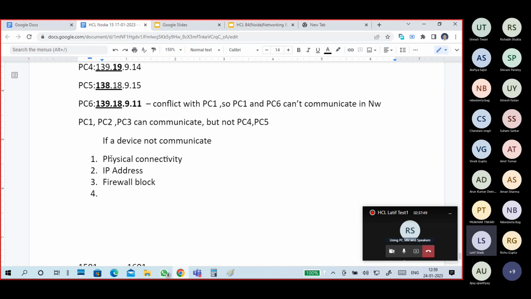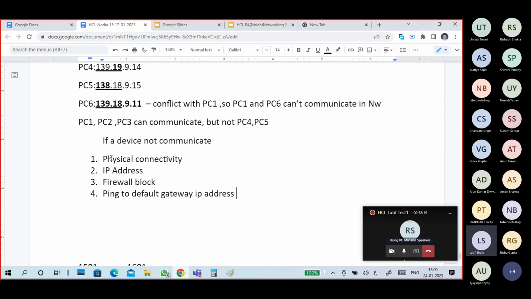So you have to take care what kind of communication it is. Okay. So you have to find the total trace. If in case you have a default gateway, ping the default gateway IP address. Your system is already configured with a default gateway.